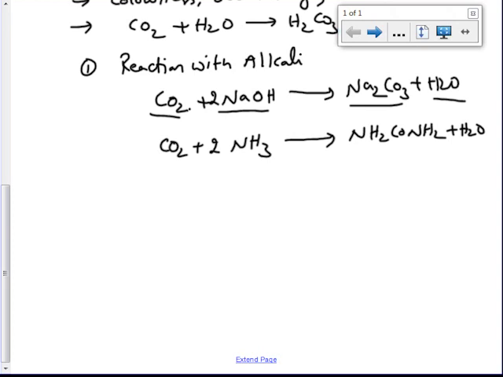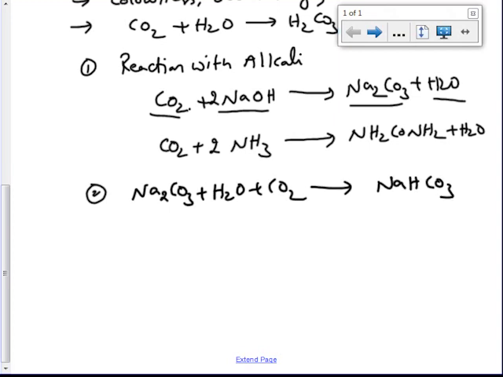The reverse reaction of what we saw previously from bicarbonates: how to liberate carbon dioxide from bicarbonates? Exactly, that is the reverse reaction. Sodium carbonate, Na2CO3, on hydrolysis with carbon dioxide gives sodium bicarbonate, NaHCO3.